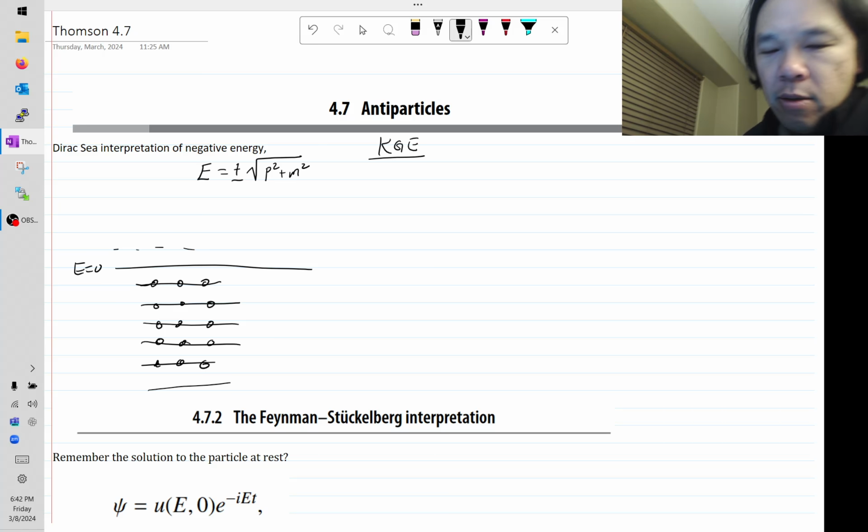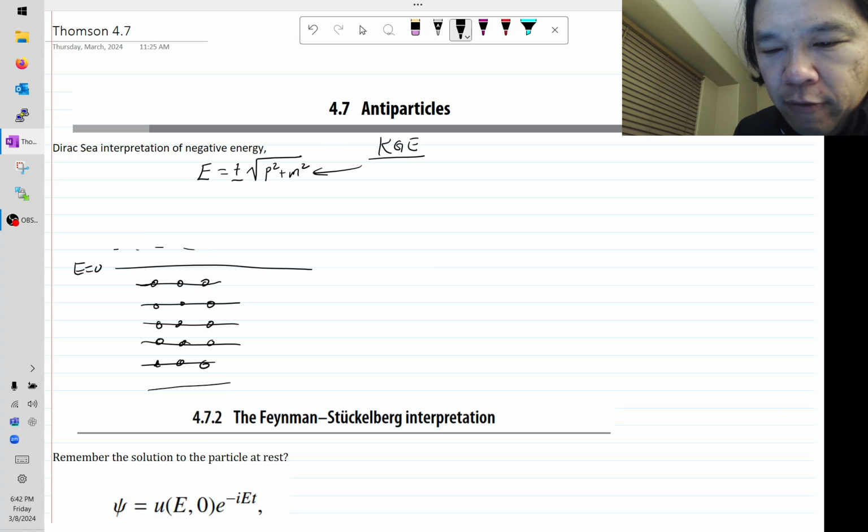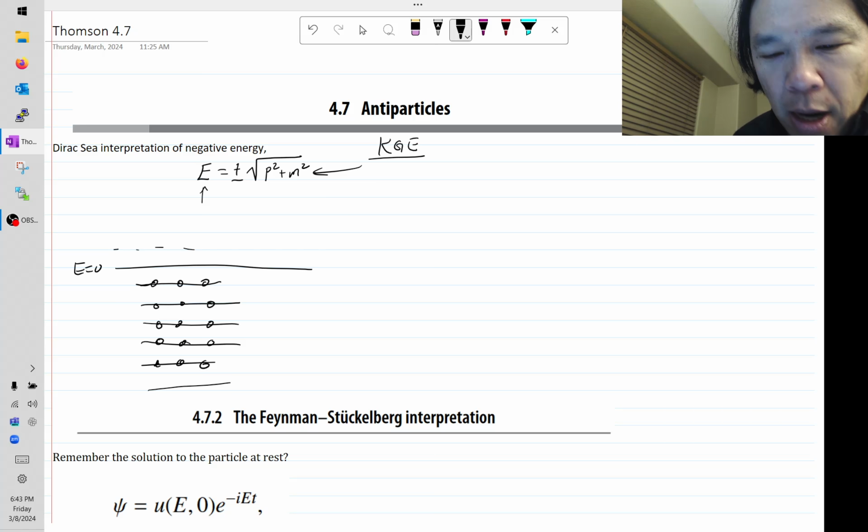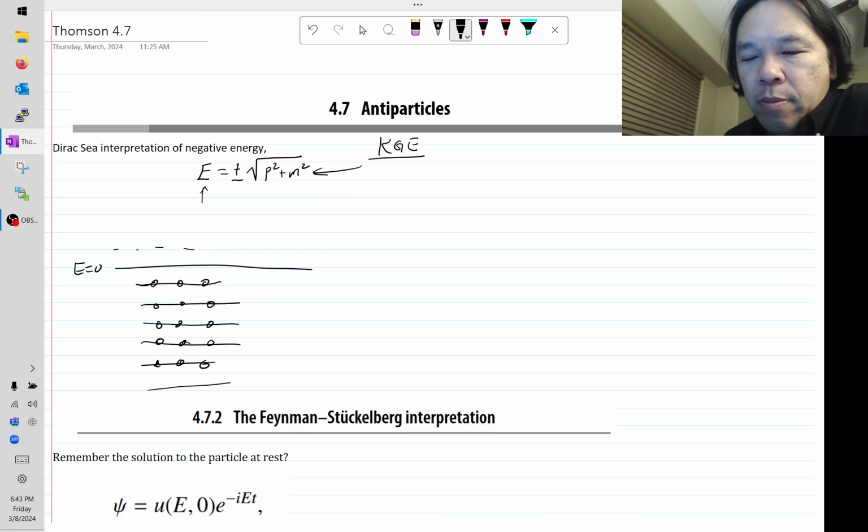Remember that? Where we ended up with a bunch of negative energy solutions, right? Well, half of them. Because by applying the Einstein energy momentum relation, we can see that the solution to the Klein-Gordon equation is either positive square root of p squared plus m squared, or negative square root of p squared plus m squared.